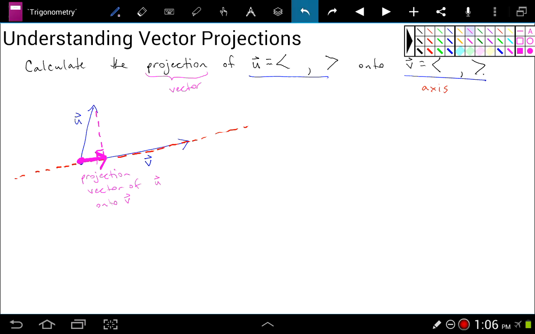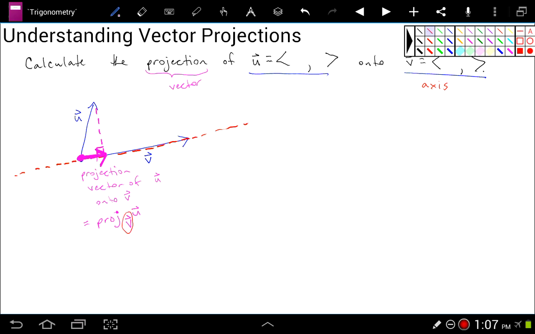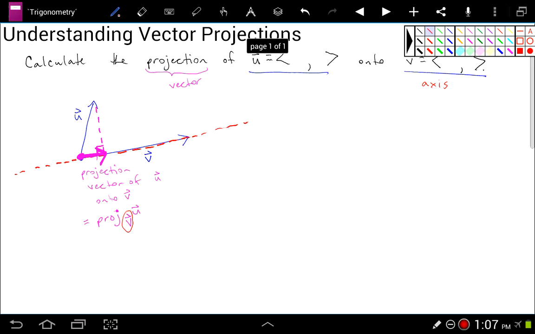So we have a notation that we use, and we use proj for projection, and then leave a space, the projection of u, and so that's on the same level as the word proj. We're going to put a subscript of v down here between the two. So the projection, subscript v, u. And so that's the projection of u onto v. So the one that's the subscript, that's your axis vector. Okay? The one you're projecting onto.